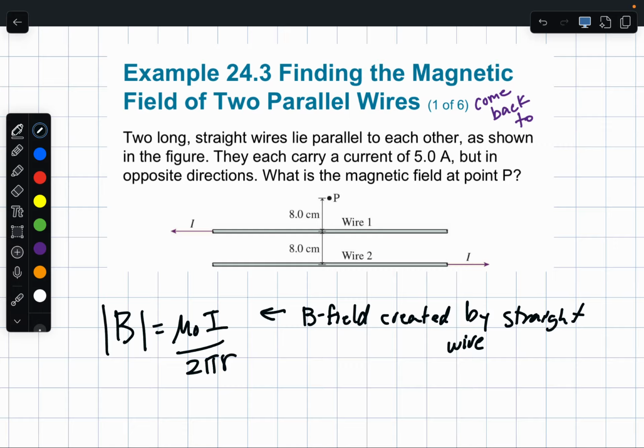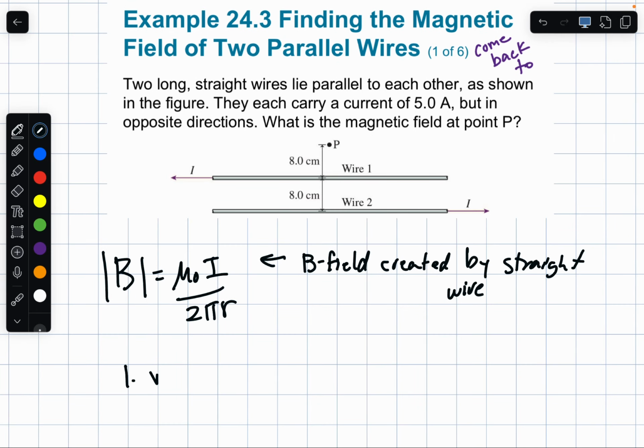Each of these wires is going to create a magnetic field at location P. If we have two vectors, we need to add them together. What I like to do first is find the vector directions. Let's find the B directions: B due to wire 1 and B due to wire 2.